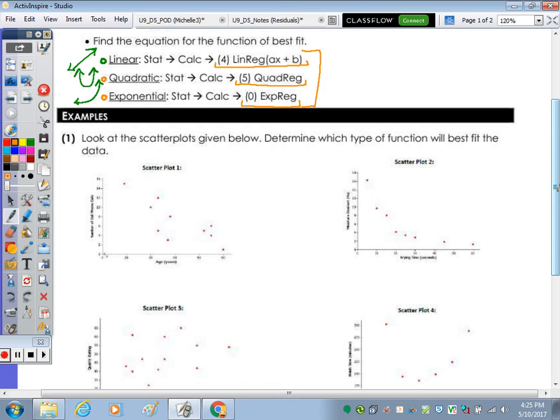So this data here would be a linear data plot. We don't necessarily see a pattern. To the right, the pattern looks like the exponential curve. So an exponential model would be best.